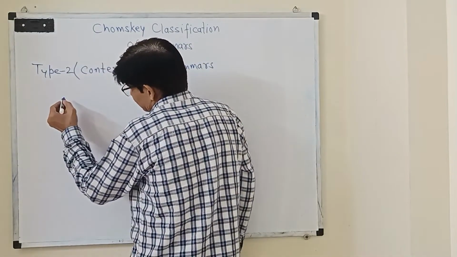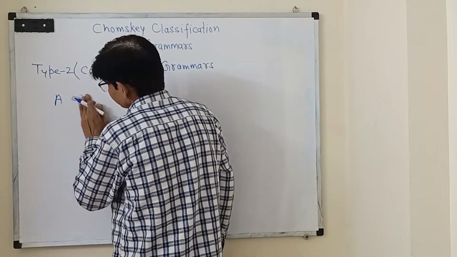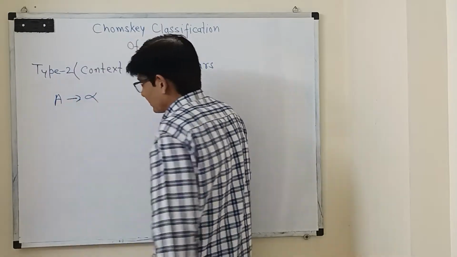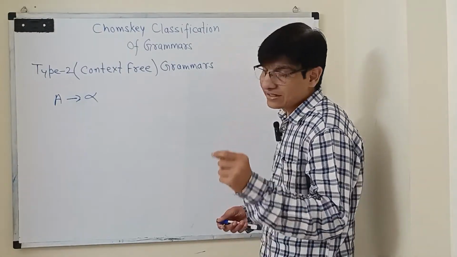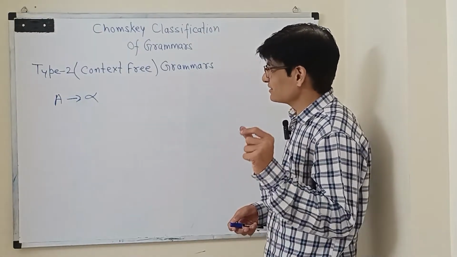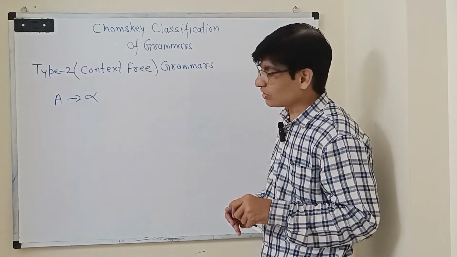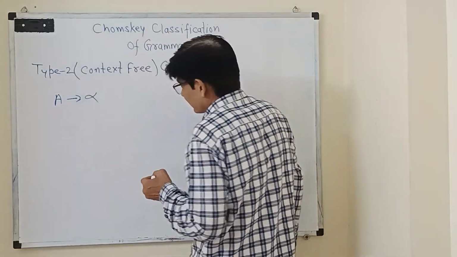Here we can have a production like A gives alpha, where A is a single variable, and alpha may be any string of grammar symbols.